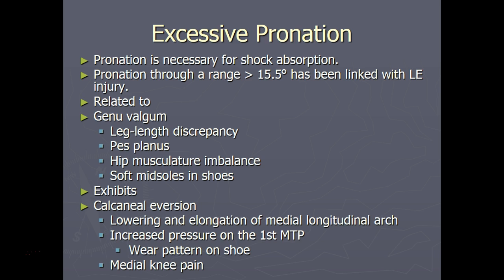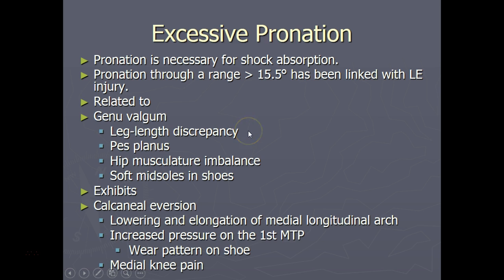But what we see with excessive pronation is a few different things. Number one, that excessive pronation tends to be linked to a genu valgum. In other words, you have genu valgum at the knee, and that leads to hyperpronation, which could be coupled with a few different things. It could be coupled with a leg length discrepancy.